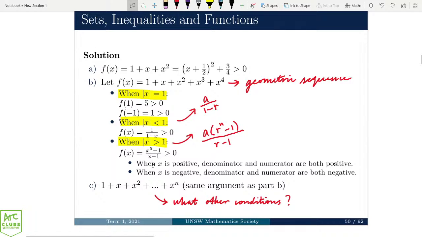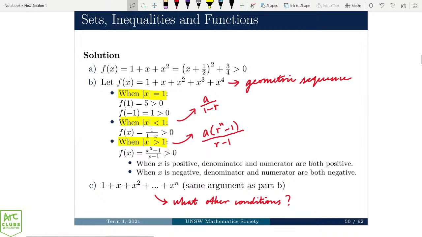So firstly, we have when x is positive, then as you can see, the denominator and the numerator will both be positive because recall the magnitude of x is greater than 1. And then secondly, when x is negative, the denominator and the numerator will now be negative because we have odd power here. So this x to the 5 and the x minus 1 will be less than 0.